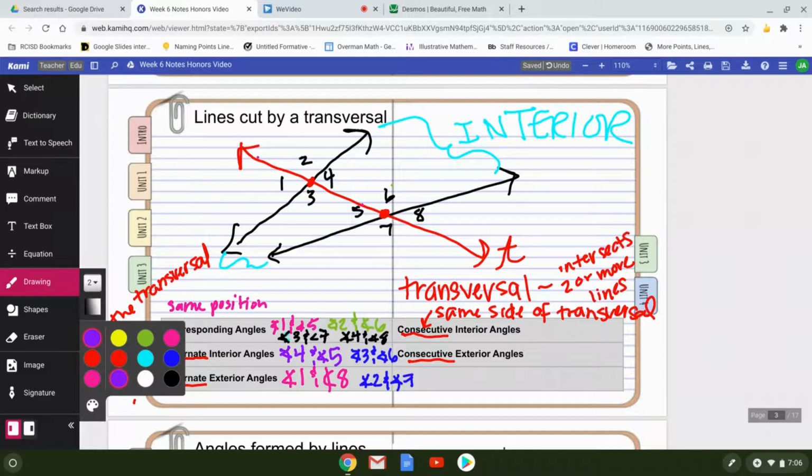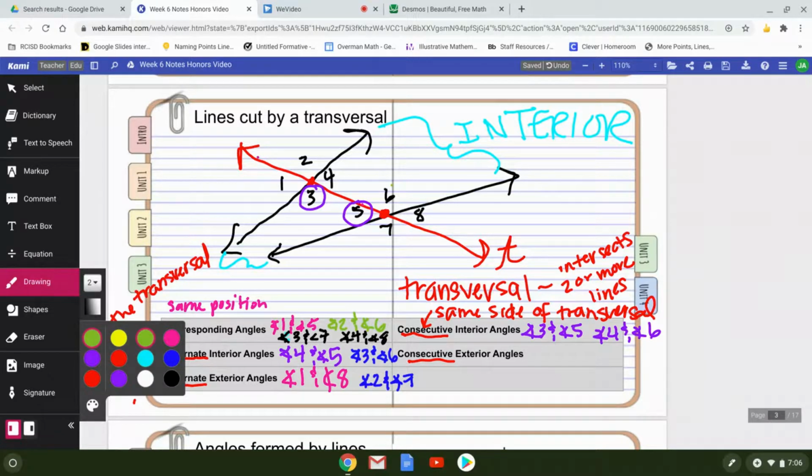Interior means it has to be in between the two black lines. Consecutive means same side of the transversal. So if you look at the interior angles, 3, 4, 5, and 6, which two are on the same side of the transversal? That'd be angle 3 and angle 5. Or alternately, angle 4 and angle 6.